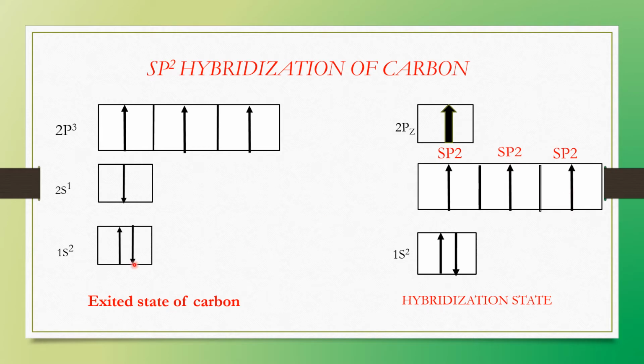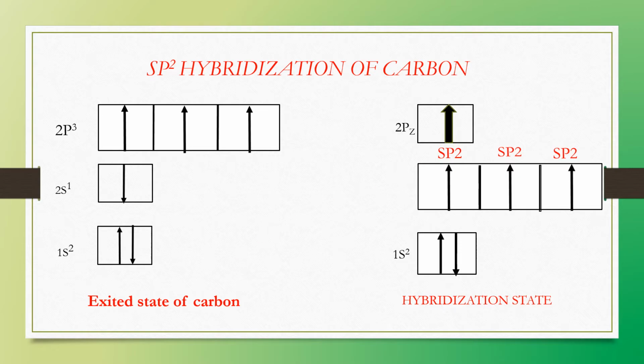After hybridization, one pz orbital is left over with a single electron without taking part in the hybridization. This is the electronic configuration of carbon in the hybridized state: 1s2, sp2, sp2, sp2 and 2pz1.